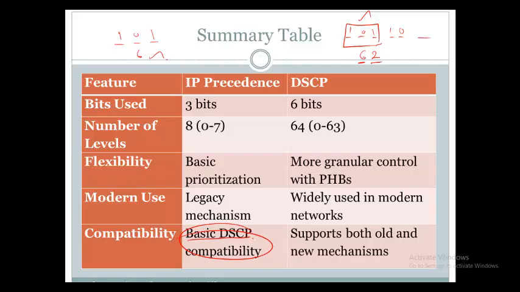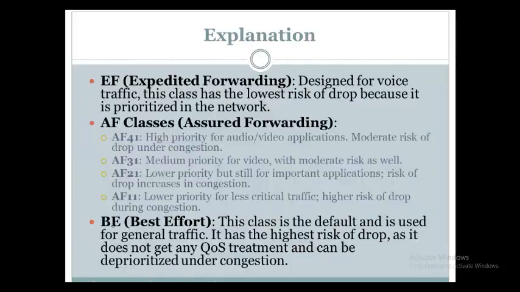Right, I was talking about this AF and EF. Expedited forwarding is the top, high priority and low risk marking. Low risk of drop and highly prioritized marking is EF, expedited forwarding.